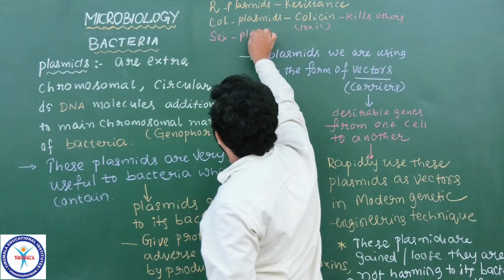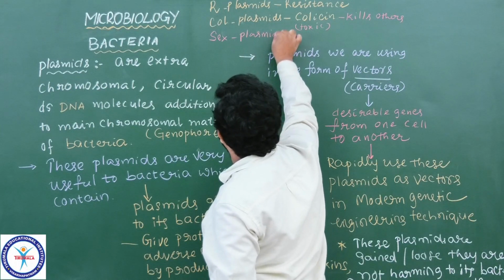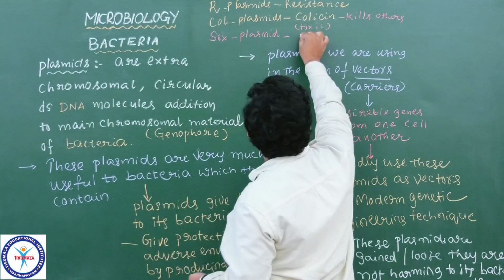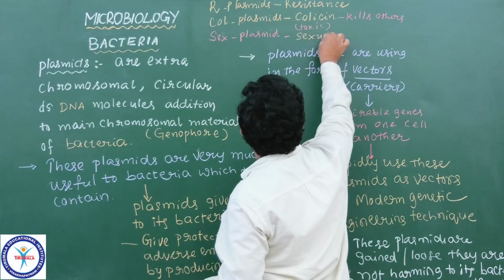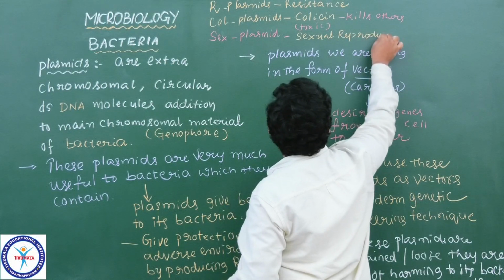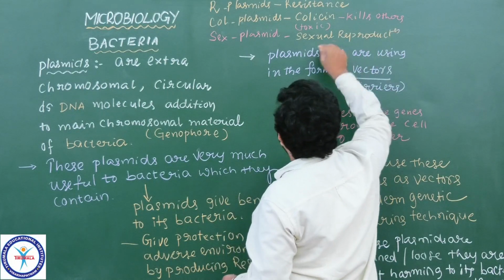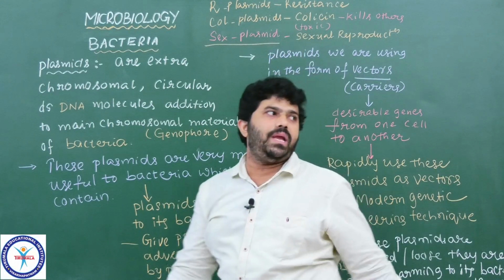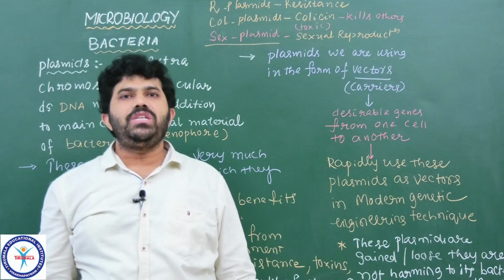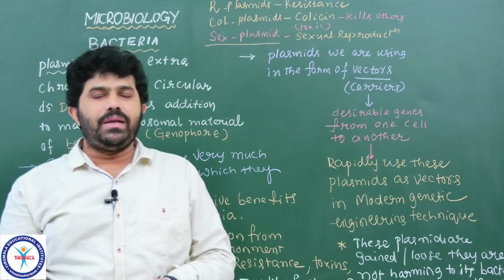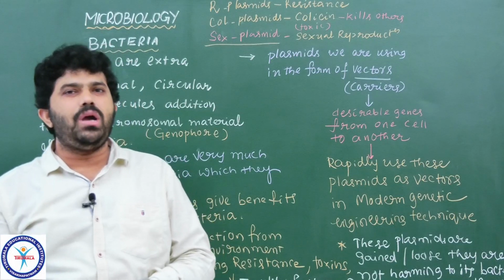Sex plasmids are nothing but what? They are for increasing generations, for performing the process of sexual reproduction. These plasmids play a pivotal role in the bacteria where we observe them, increasing their population by transferring genetic material from one cell to another cell.